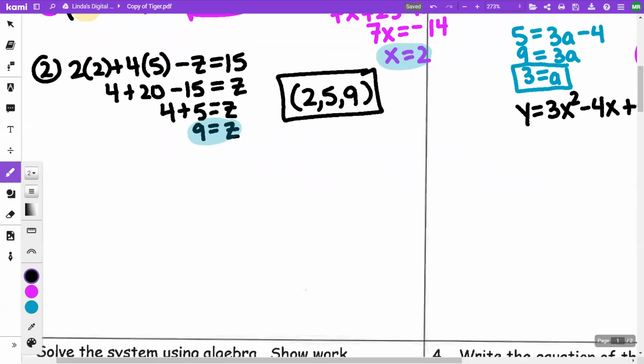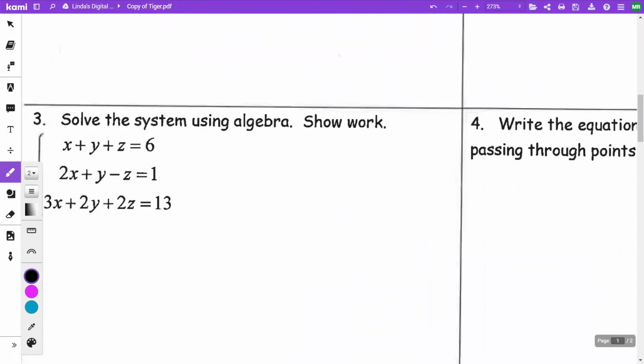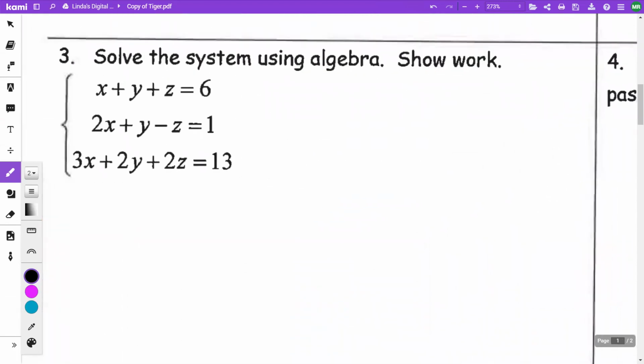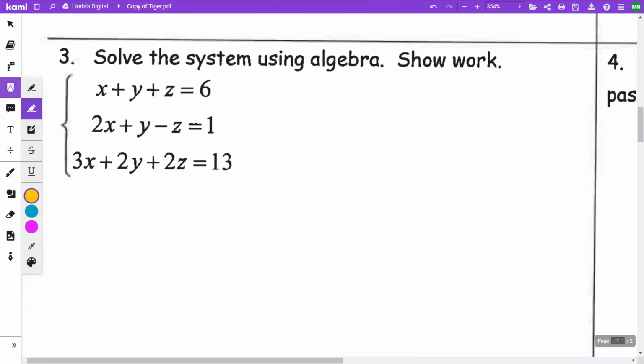On number 3. So again, I'm going to be looking at my x's or my y's or my z's. I'm thinking the z's because of the positive and negative z, and a 2z.